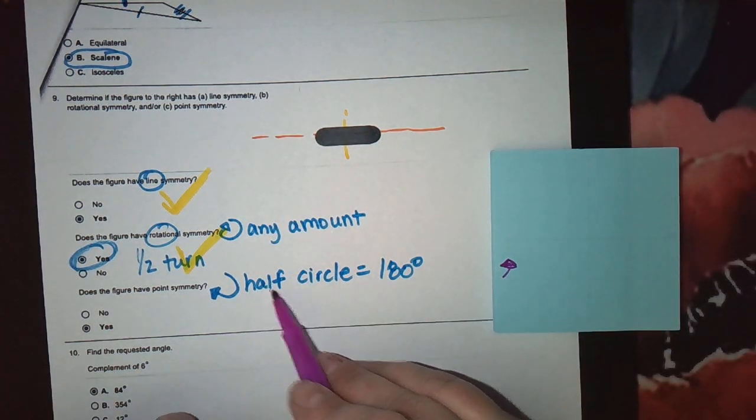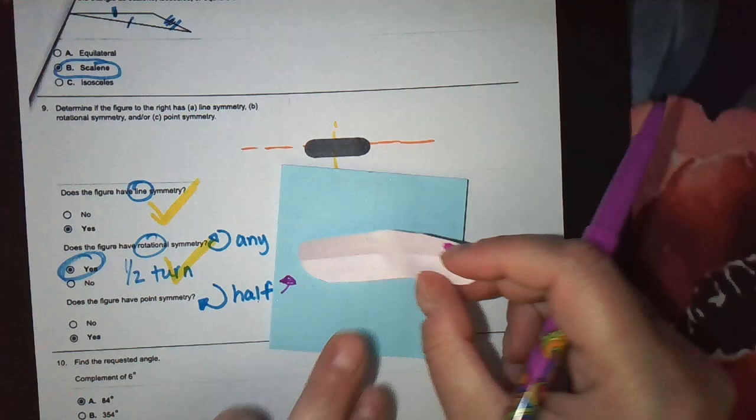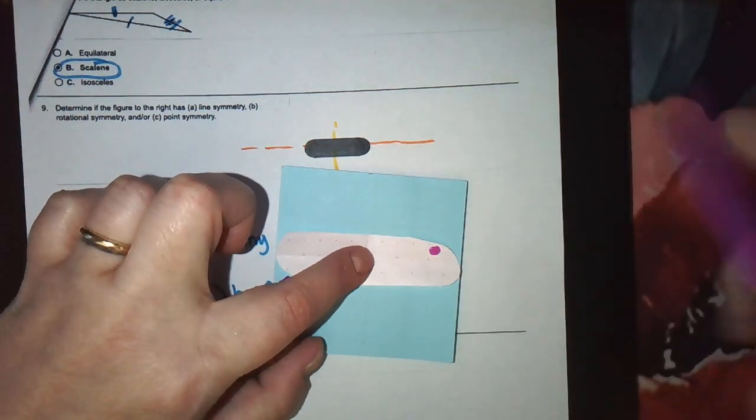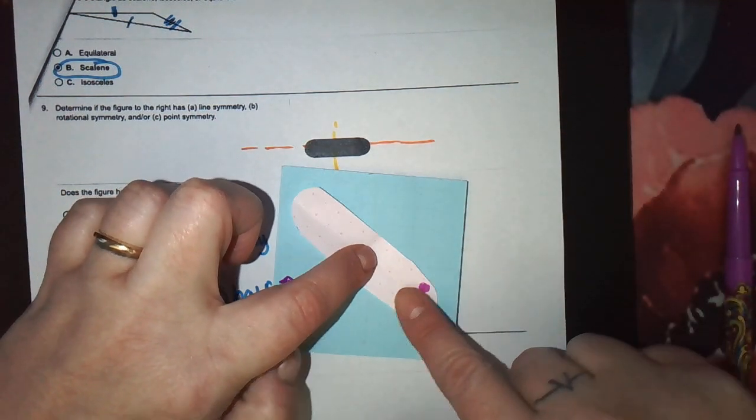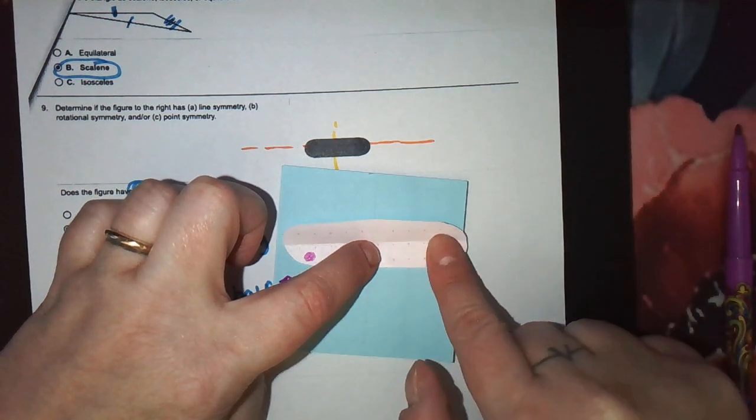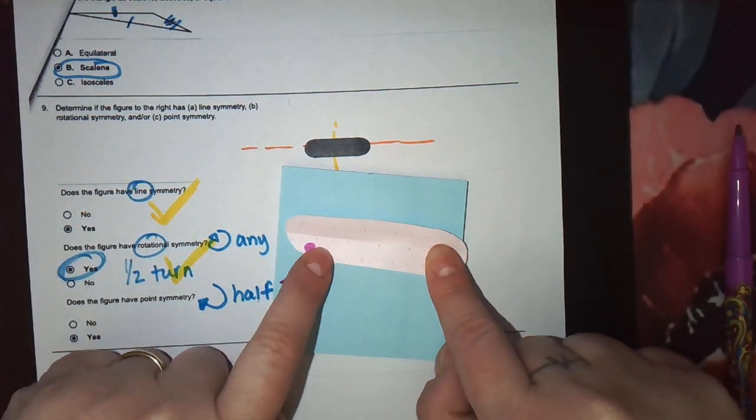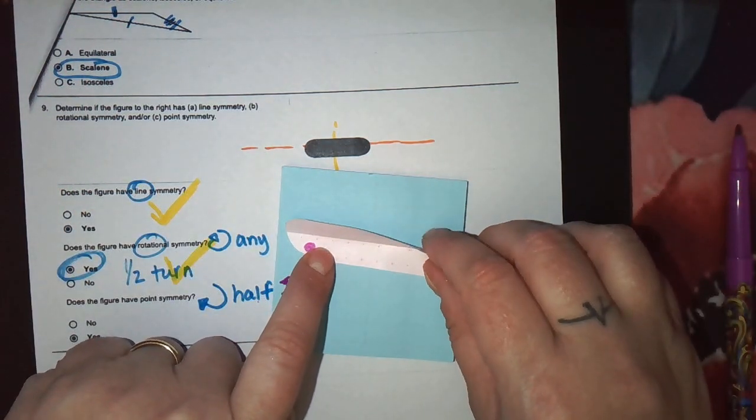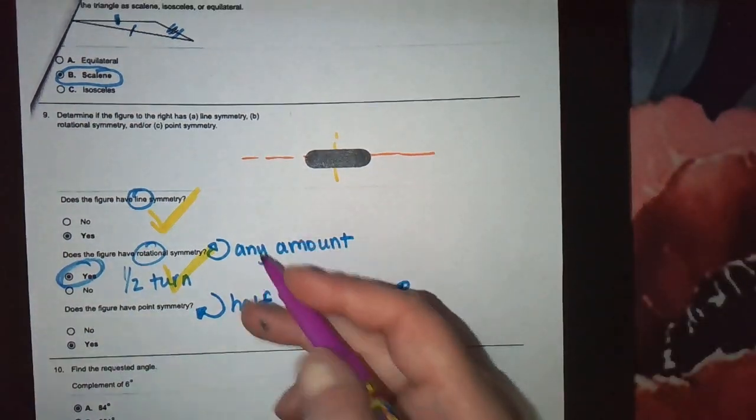Because we have to do a half circle for point symmetry. So if I hold it in the center and spin it around half a circle, there's half a circle, and hey, the point landed where it was supposed to be. So yes, we have point symmetry too.